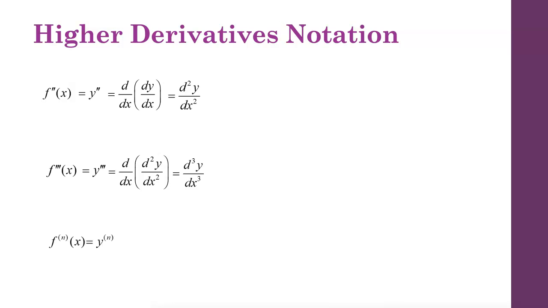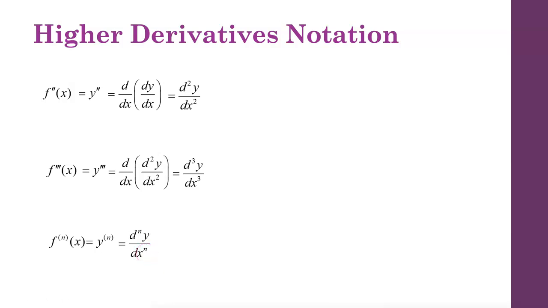So you would have y to the 4th with parentheses around the 4, rather than y to the 4th, which would mean an exponent of 4. But the Leibniz notation should have less confusion, so we don't need the parentheses here because there's no confusion.